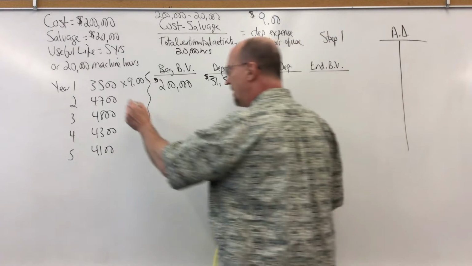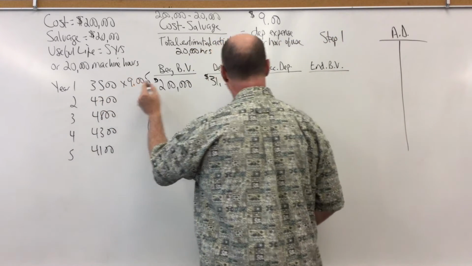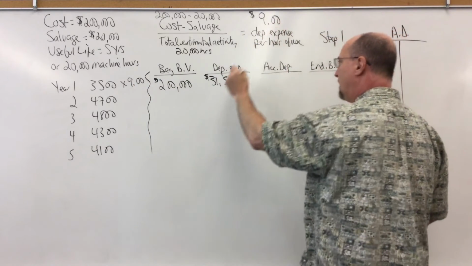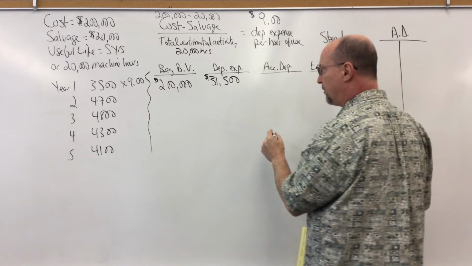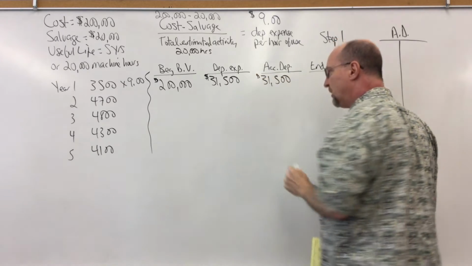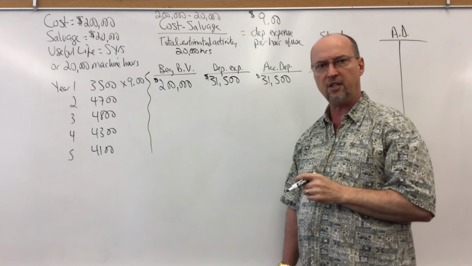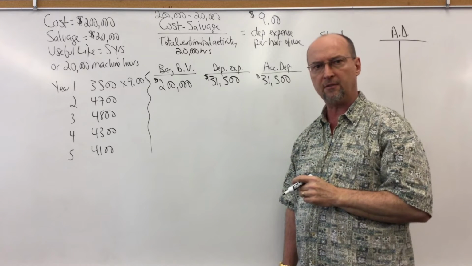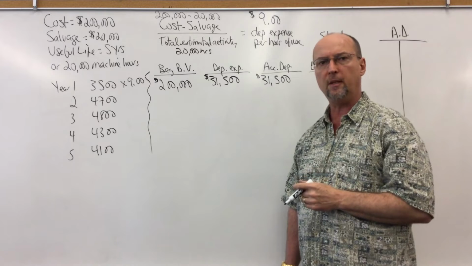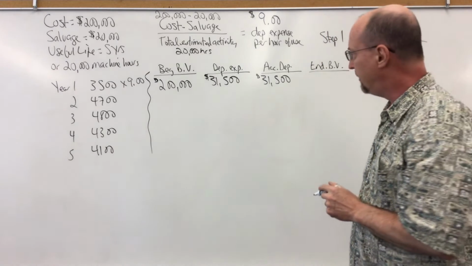When I multiply the number of hours for year one that we use the machine times $9 of depreciation per hour, that gives me depreciation expense of $31,500. So in year one, my adjusting journal entry to record depreciation is debit depreciation expense $31,500, credit accumulated depreciation $31,500. You want to know that adjusting entry.